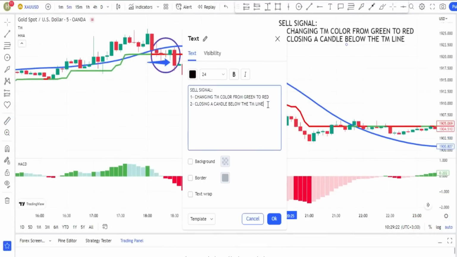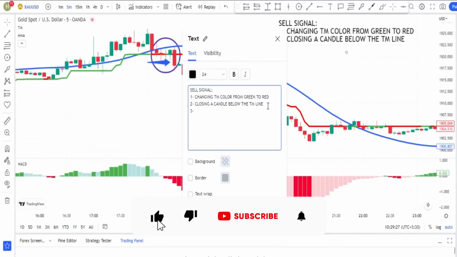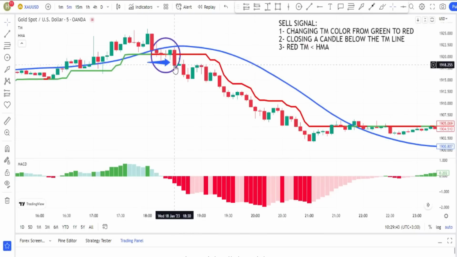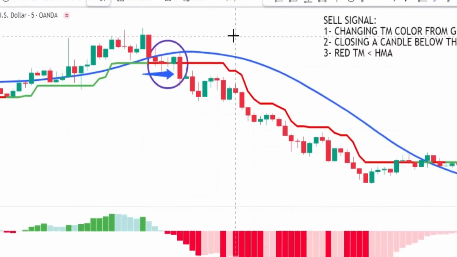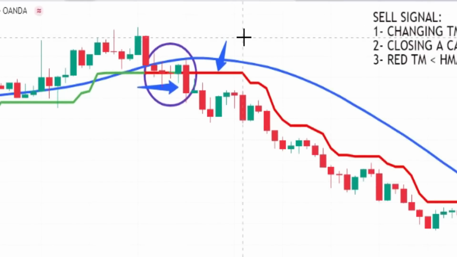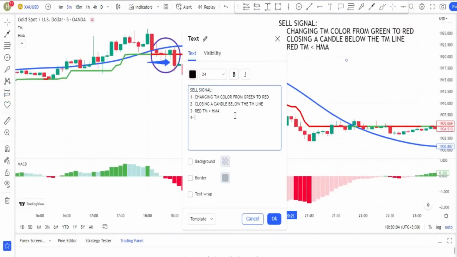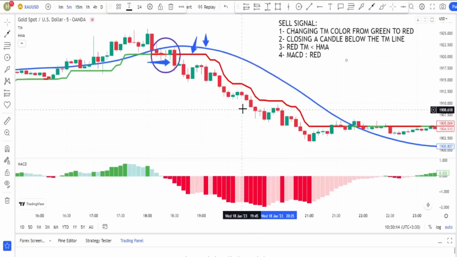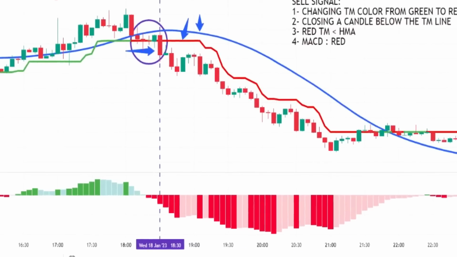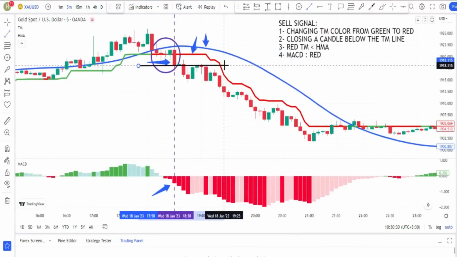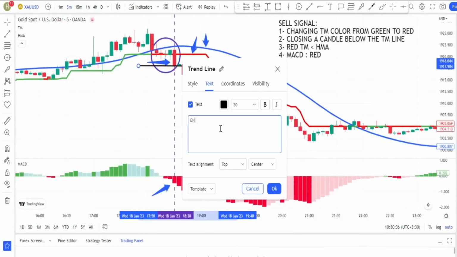And as a third requirement, the Trend Magic must be below the HMA 100. And finally, the MACD histogram should be red. So if all those conditions exist, you can enter the short position.